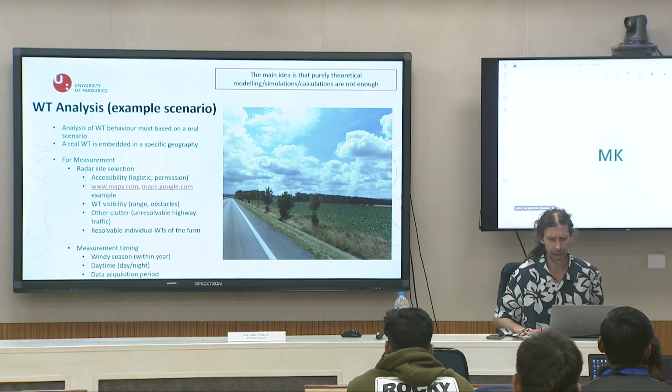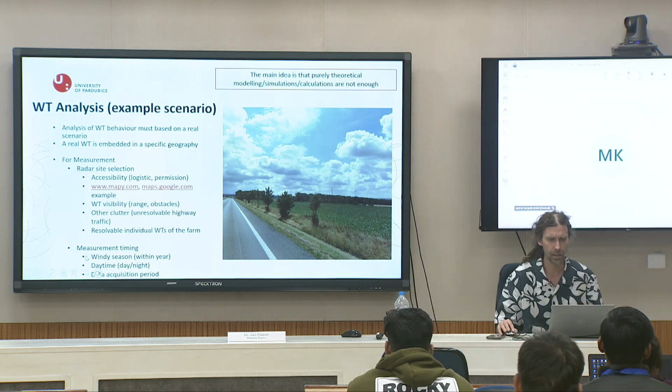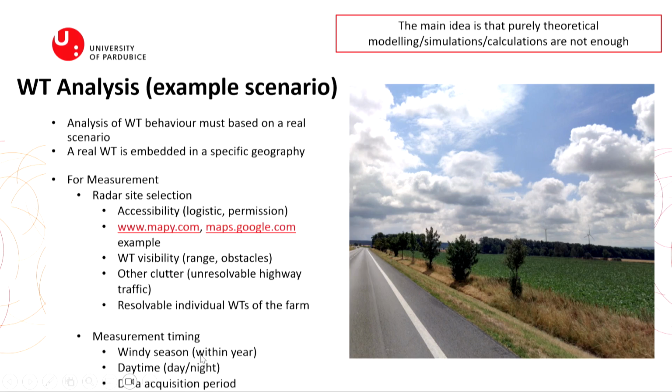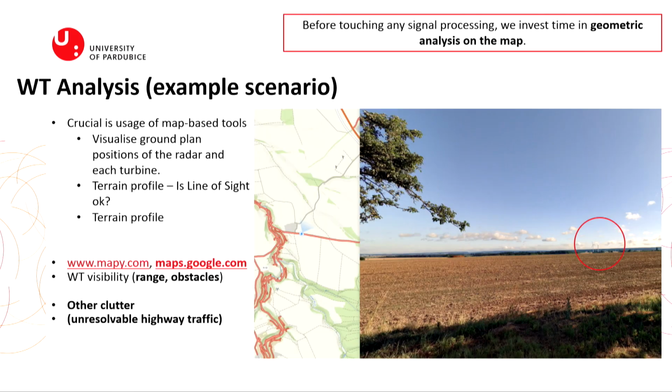Also, measurement very strongly depends on the windy season, daytime, and also on the acquisition period. So there is an example from one of our measurements. Don't worry, I will have more examples and you will try it. It is really crucial to use map-based tools.